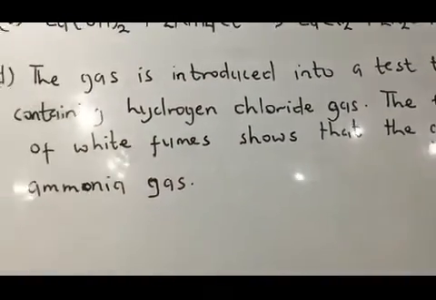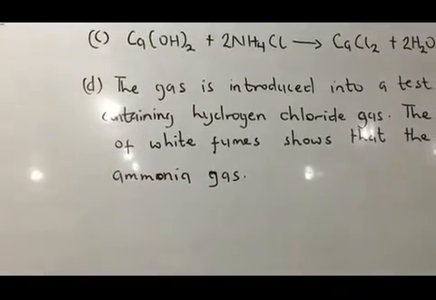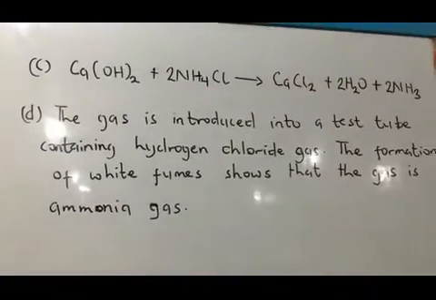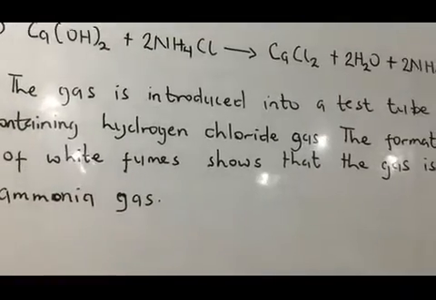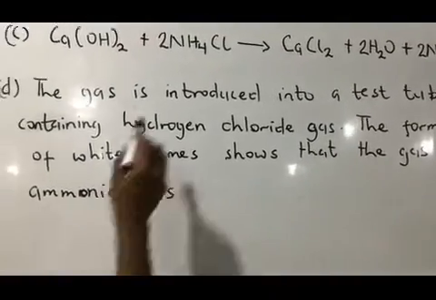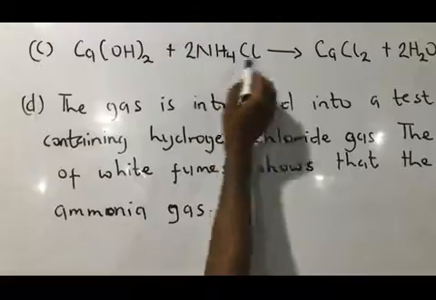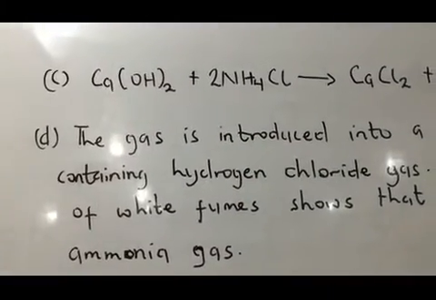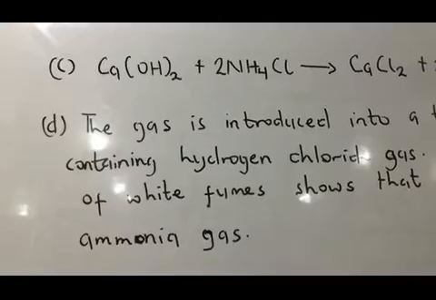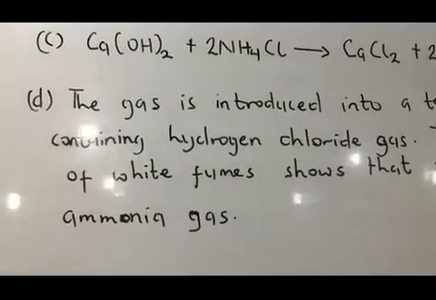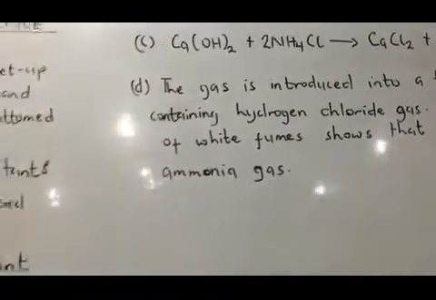I gave you even the reaction in the previous session. When the ammonia gas combines with hydrogen chloride gas, you form ammonium chloride. And that compound, the ammonium chloride, is what is responsible for the formation of the white fumes. Okay.